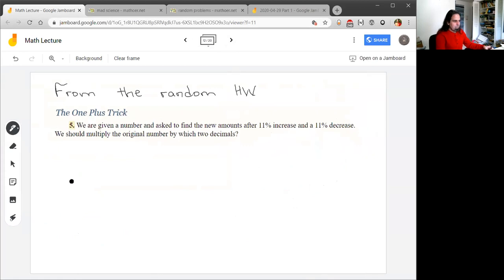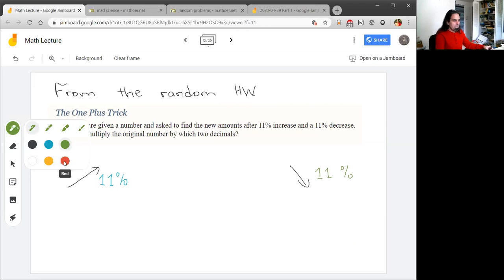We want to go up by 11% the first time, and we want to go down by 11% another time. So whatever is here, or whatever we start with over here, that's going to be our 100%. Whatever that number is.